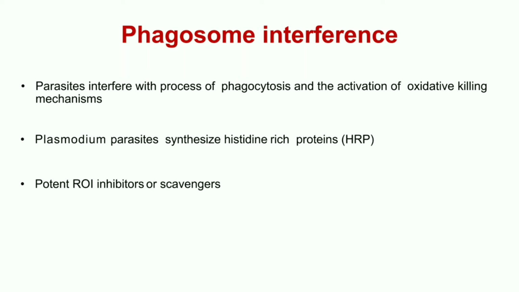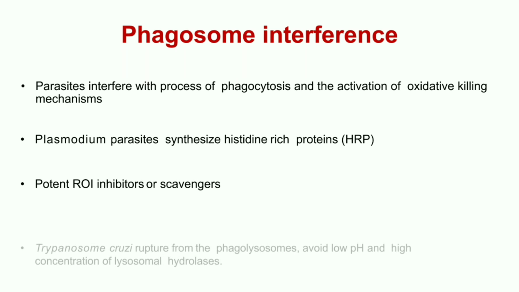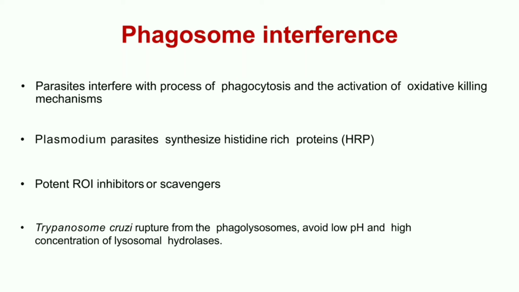These histidine-rich proteins are potent reactive oxygen inhibitors or scavengers. Another example is of trypanosoma, which rupture the phagolysosome, avoid low pH and high concentration of lysosomal hydrolases.